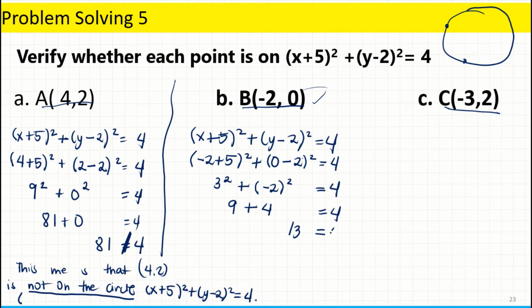Then equals 4. Obviously, 13 is not equal to 4. So, therefore, negative 2, 0 is not on the circle.